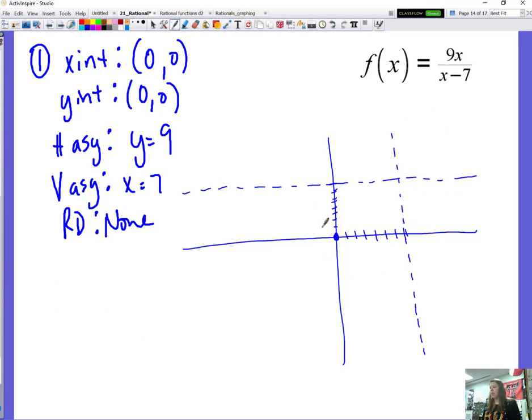So because there's a point here, and on my asymptotes, everything is going to get closer and closer and closer to that asymptote as we go this direction. As we go this direction, we're going to get closer and closer and closer to this asymptote, knowing that the basic shape of my rational function looks like this. So there's two asymptotes here on the original function, and so this one's going to get closer and closer, this one's going to get closer and closer.